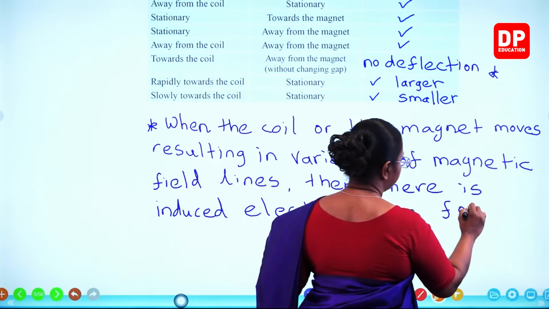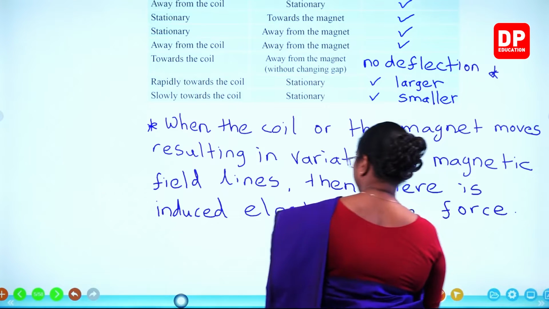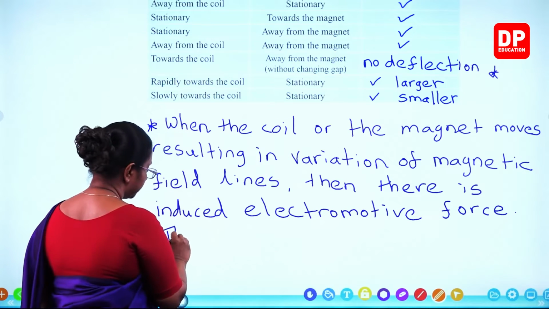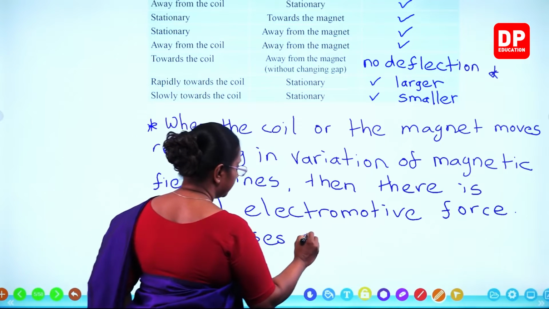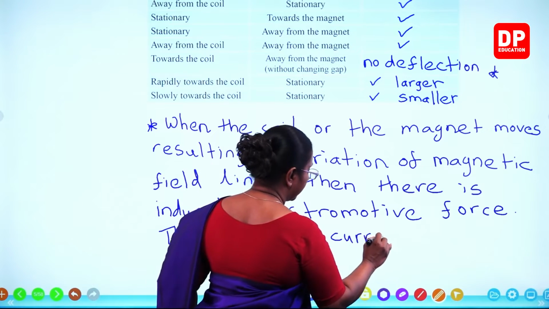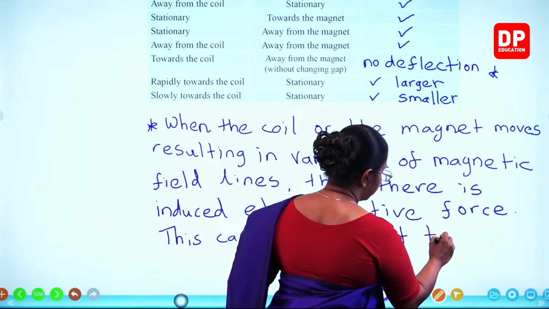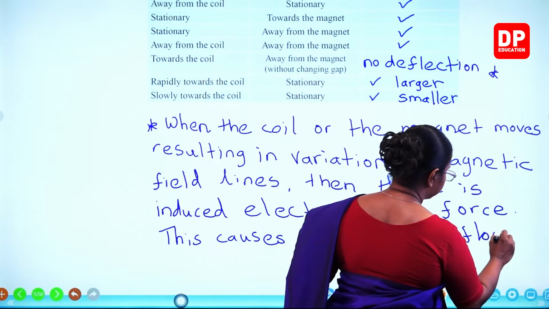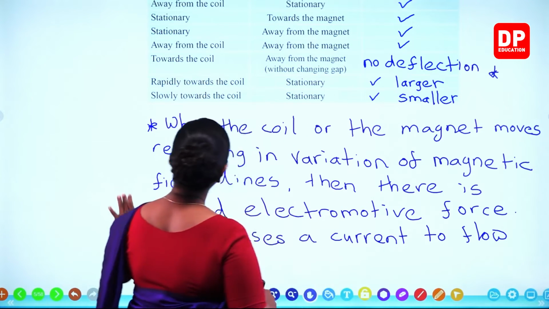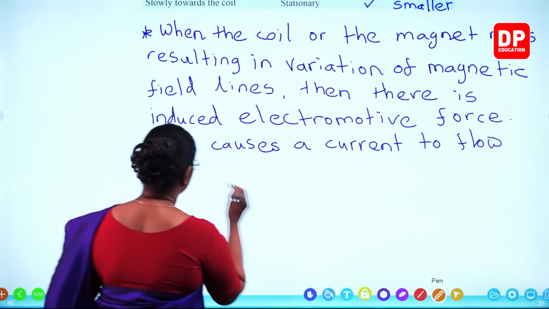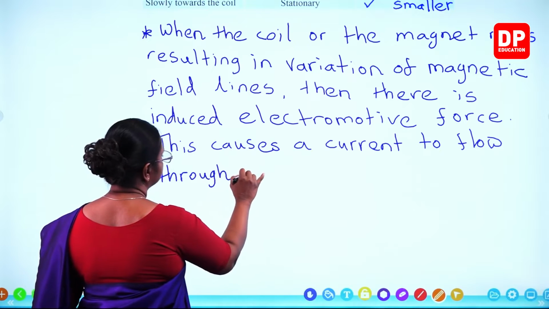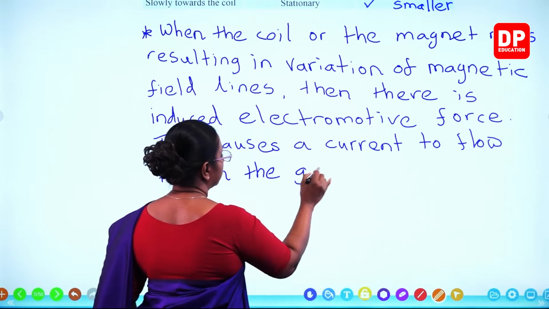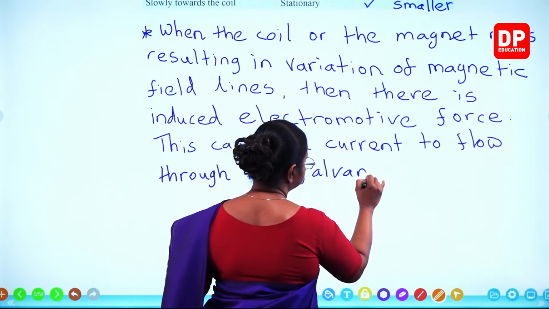This causes a current to flow through the galvanometer.